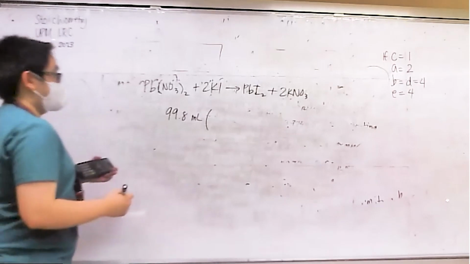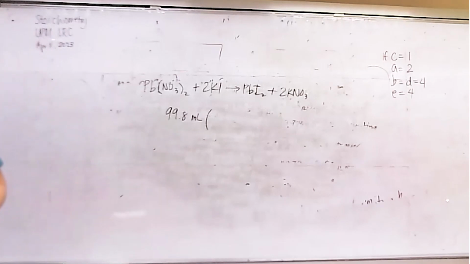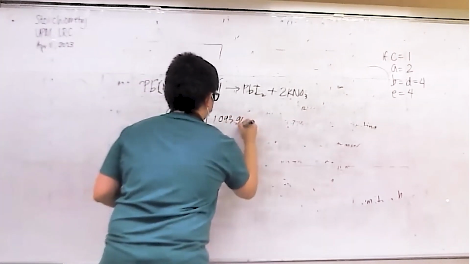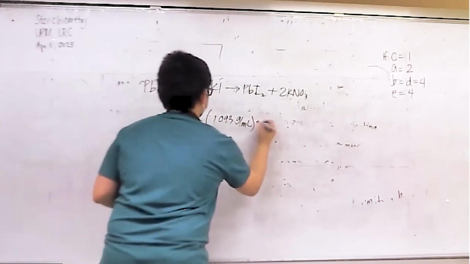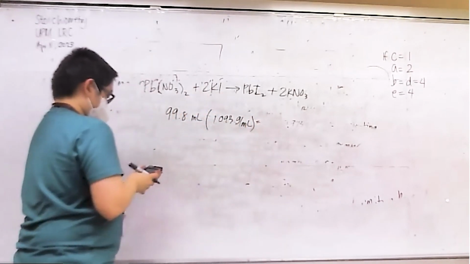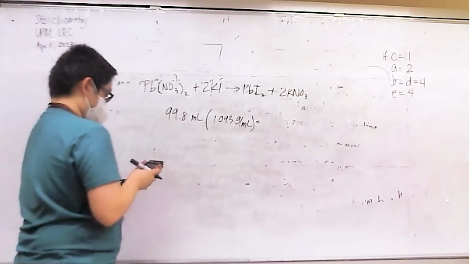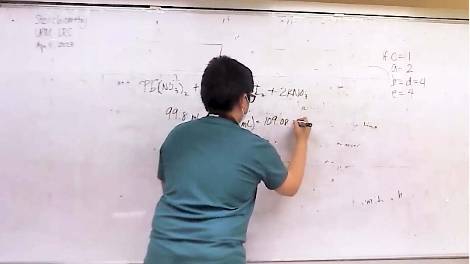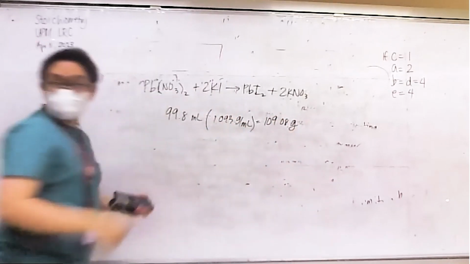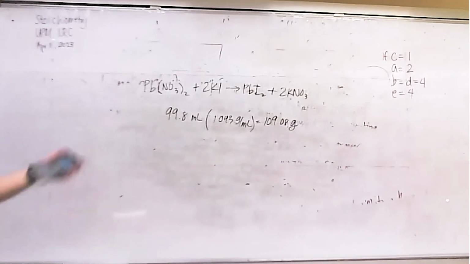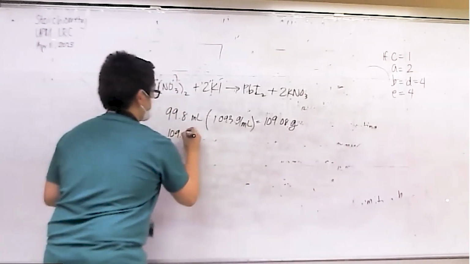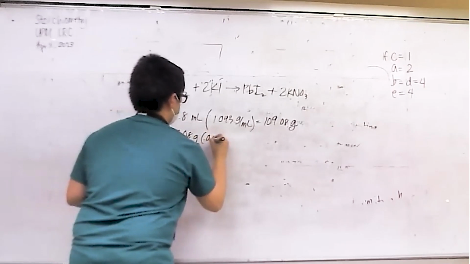First, multiply by the density, 1.093 grams per ml, and that is equal to 109.08 grams. But it says the KI in the sample is just 12%. So whatever you got from here, you multiply by 0.12.